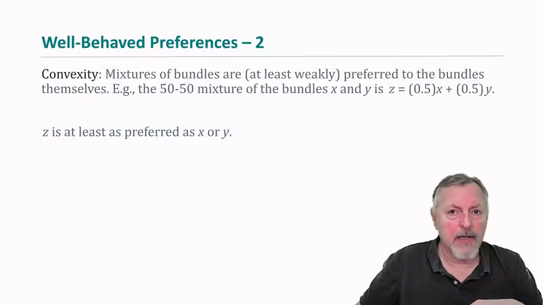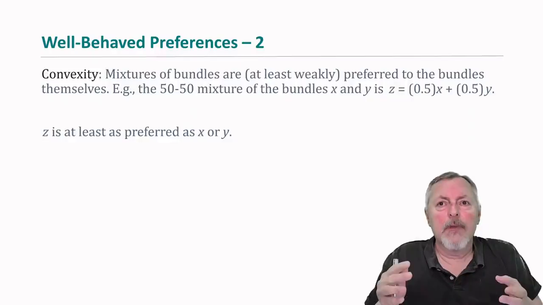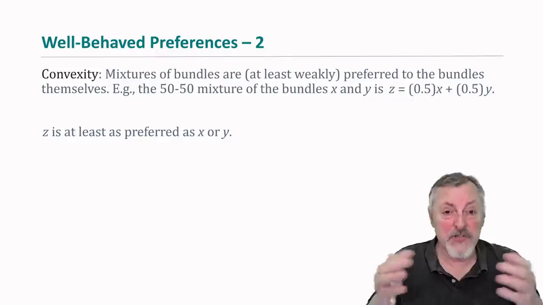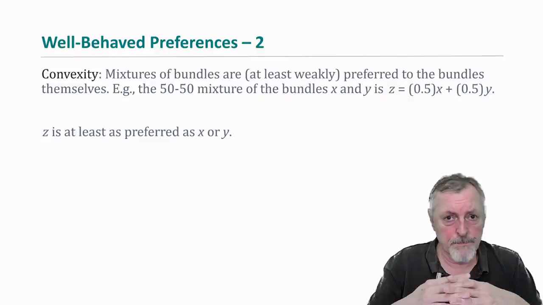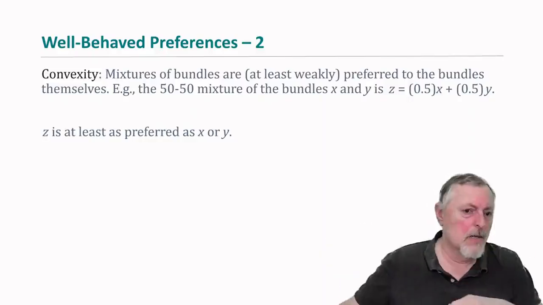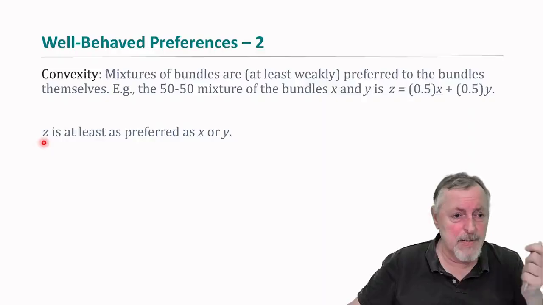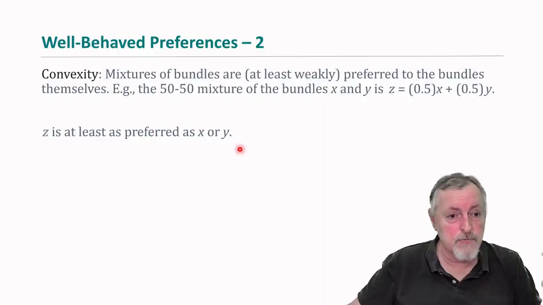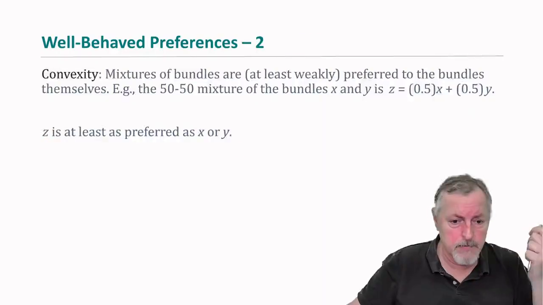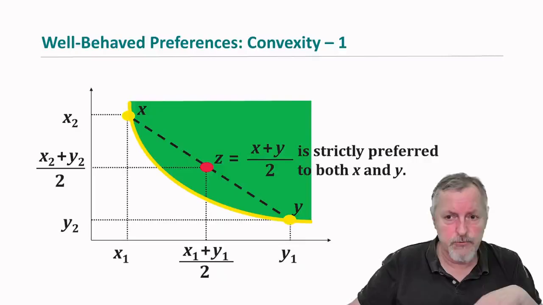Convexity. Loosely speaking, this means that you get more happiness from mixtures of two things than from all of one or all of the other. Bundle Y, bundle X. This bundle Z is preferred to either of them if Z is a combination of the two.